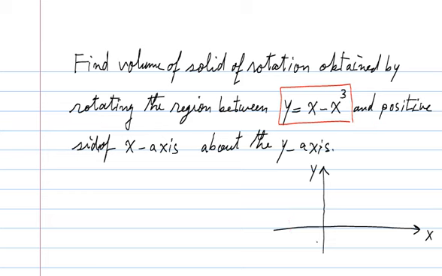If you spend a few moments to graph it, you see that it looks something like this. Now the region we are interested in is between this and the positive side of the x-axis. So the region we are really interested in is this region.